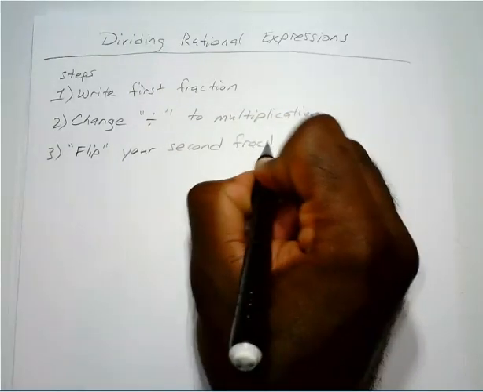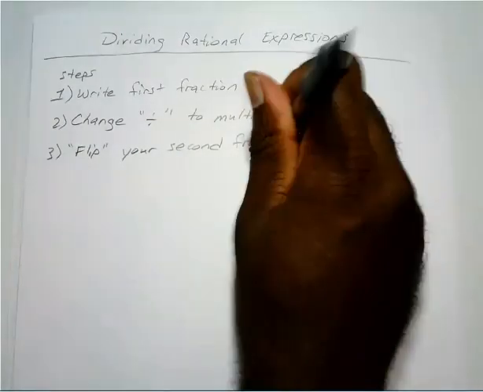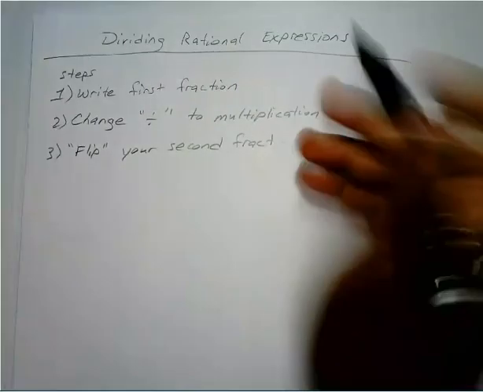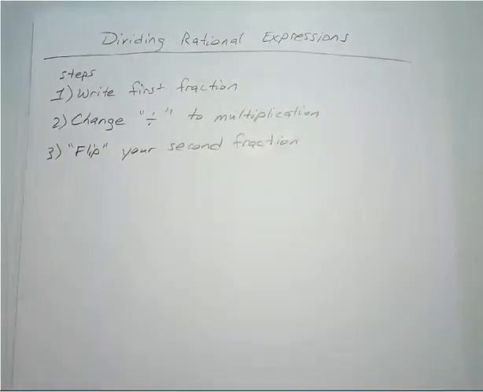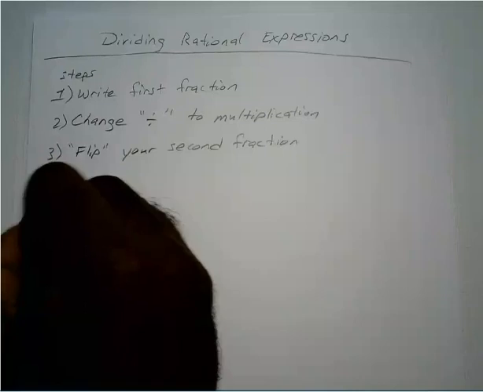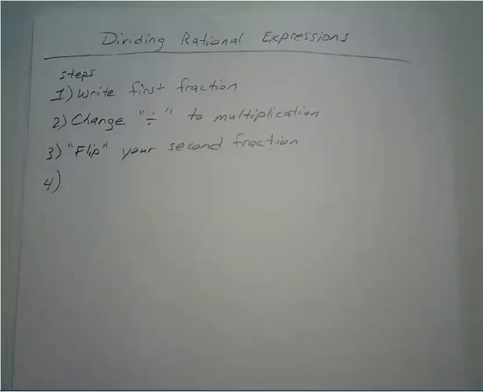Let me clean that up a little bit. There we go. Flip your second fraction. Then your fourth step, you go through the steps for multiplying rational expressions. I mean, you go through your factoring and your canceling out and all that stuff.